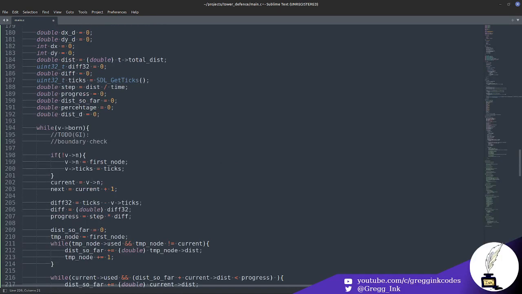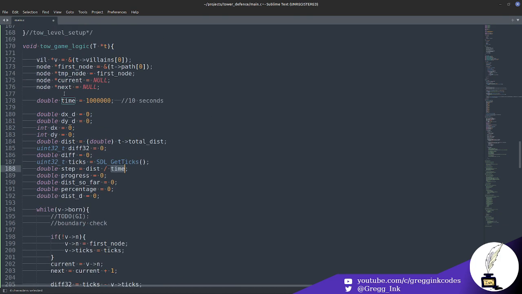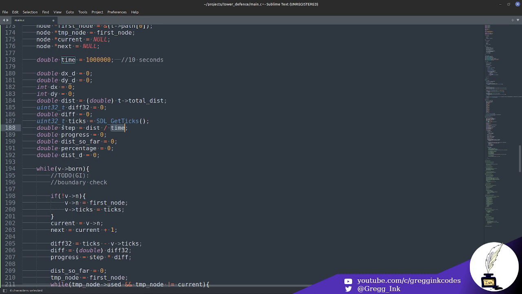Okay. The total distance over time is how long it should take, is the step.